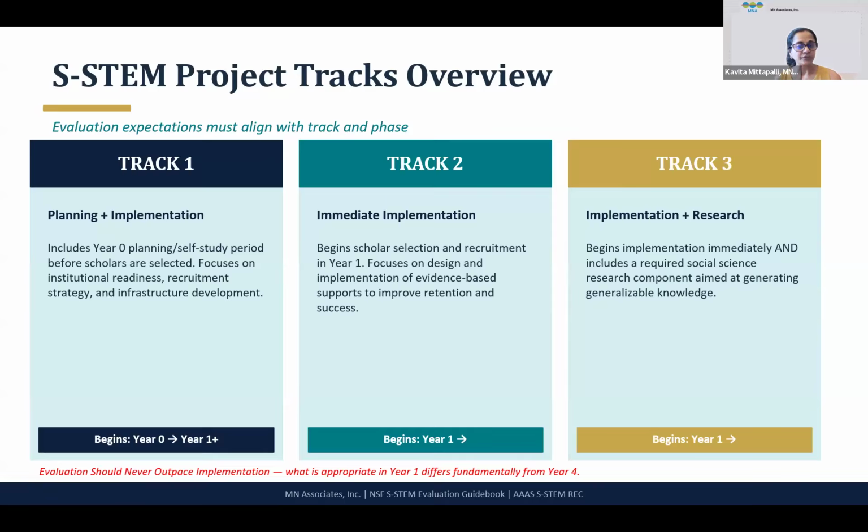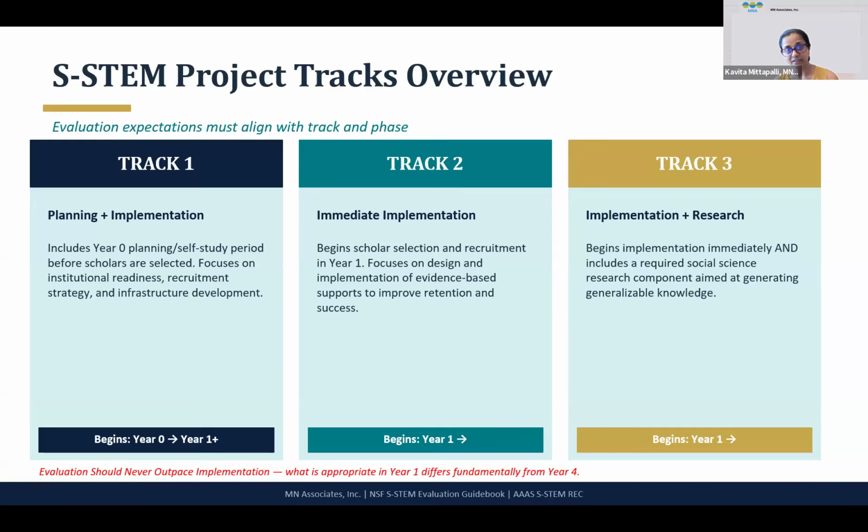The last distinction really matters: evaluation here is assessing the project effectiveness within your institution, while the generation of knowledge and research examines the mechanisms that generalize beyond it. Both are required in track 1 and track 2, and they are to be conducted by the evaluator.